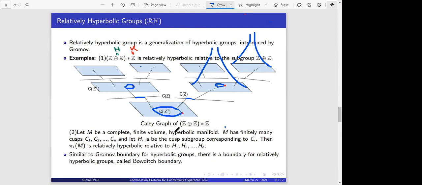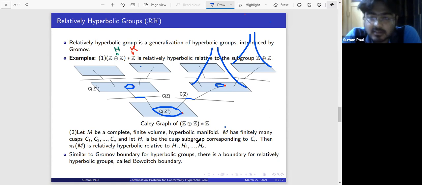What I'm trying to say is that the new space has a different metric also. Yeah, obviously. Okay, are you saying that the Cayley graph is sitting inside the new space isometrically or not?